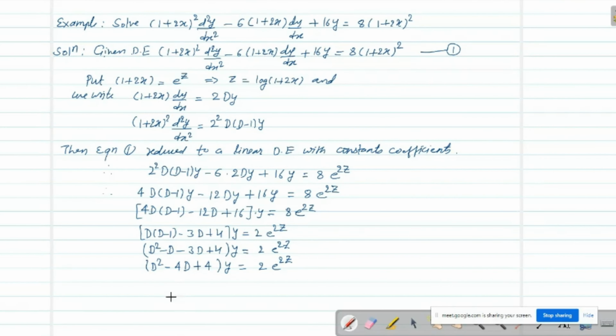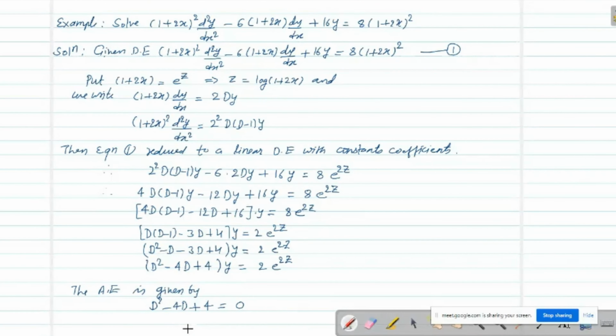Okay, now we will find the auxiliary equation. Therefore the auxiliary equation is given by d square minus 4d and plus 4 equal to 0. This is your auxiliary equation.